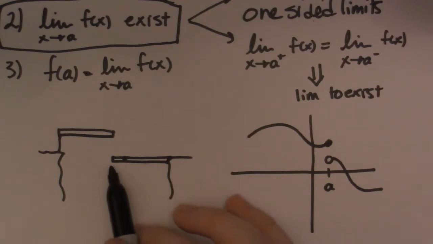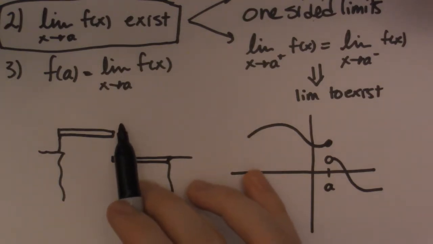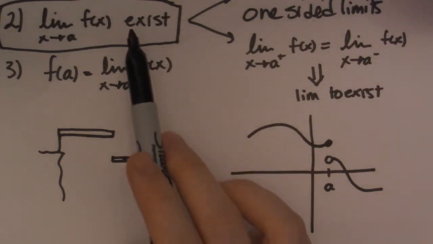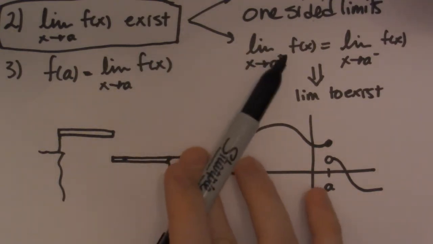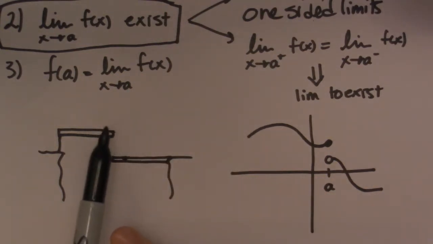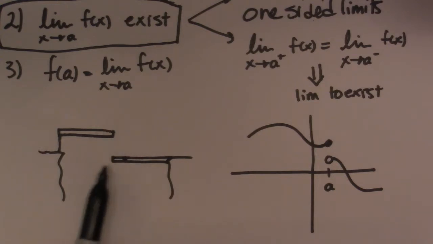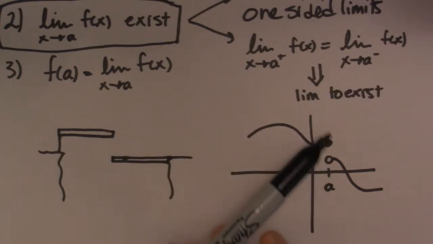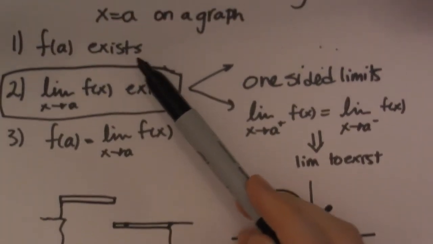There are other places where something can be discontinuous, but a lot of these questions have this. If number 2 fails, there's a pretty good chance this is why: there is a discontinuity. The two points of the graph are not meeting, so one's above the other.